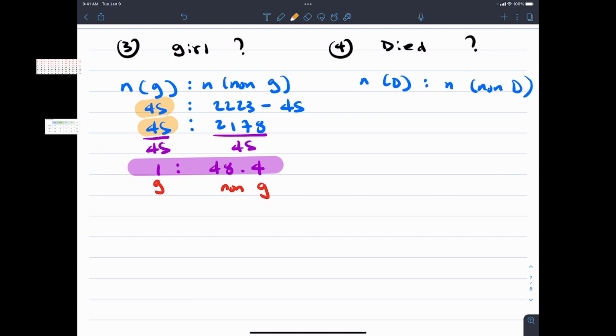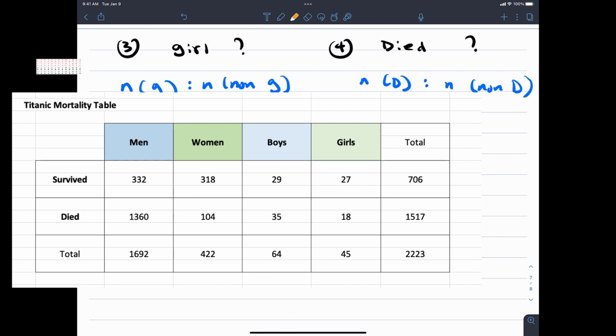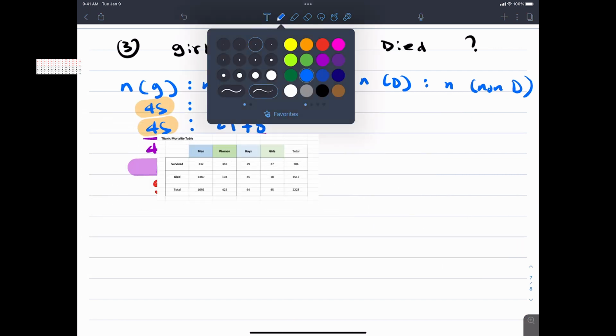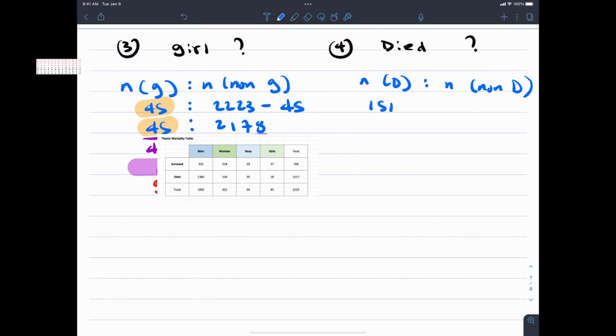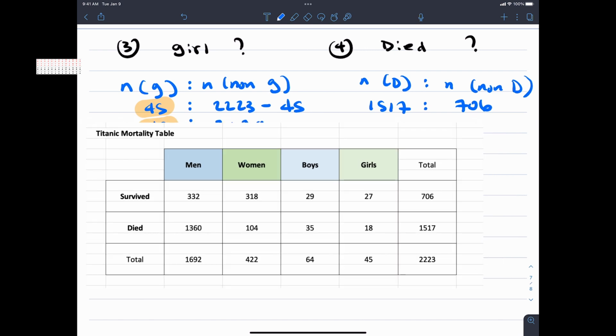Okay. Now, how many passengers died again? 1,517. Yeah. So if you're awake, you can understand that not dying means surviving. And yeah, there's 706 people that survived, or they did not die, right?